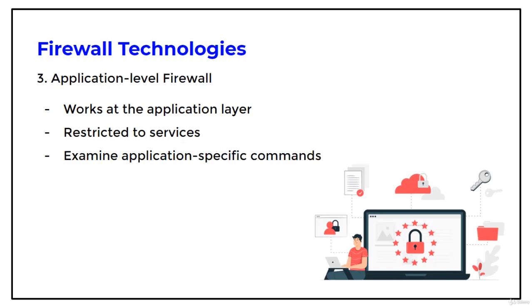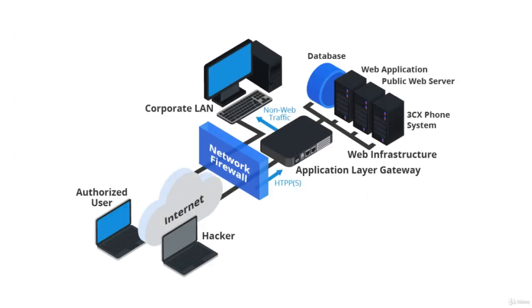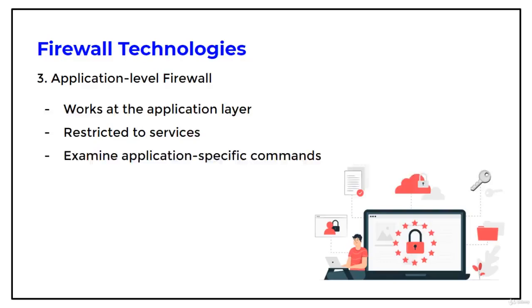Next is the application level firewall or application gateway. It is also known as a proxy server. It works in basically three steps. The first step is the user contacts the application gateway using a TCP application such as HTTP. Step 2, the application gateway asks about the remote host with which the user wants to establish a connection.